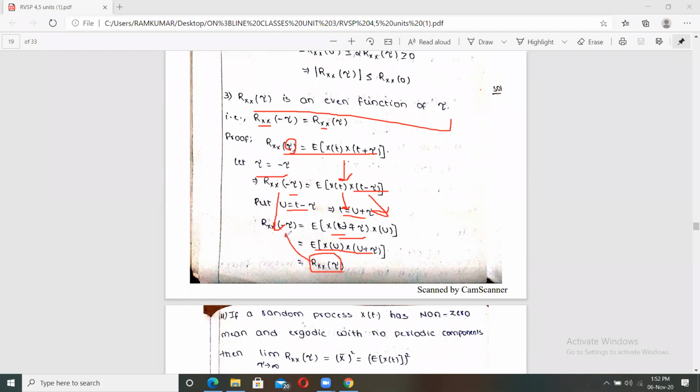Then R of minus tau equal to R of tau, which is an even function of tau, right? R of minus tau equal to R of tau, which is an even function of tau. This is the property for an autocorrelation function.